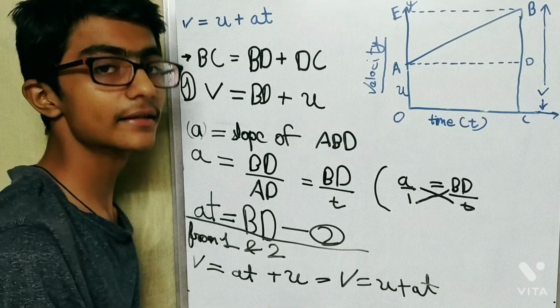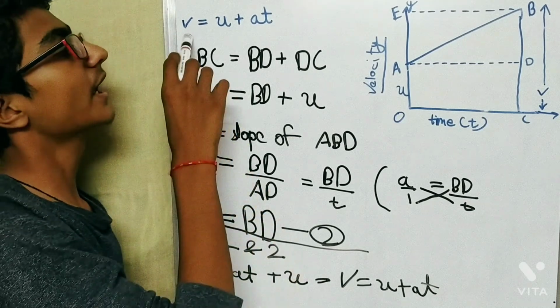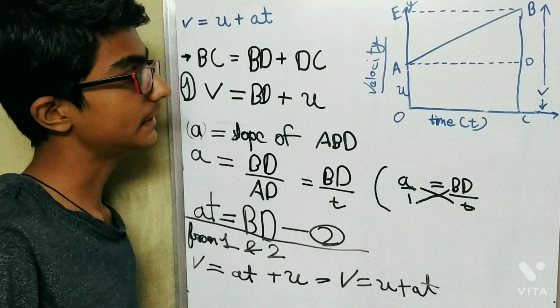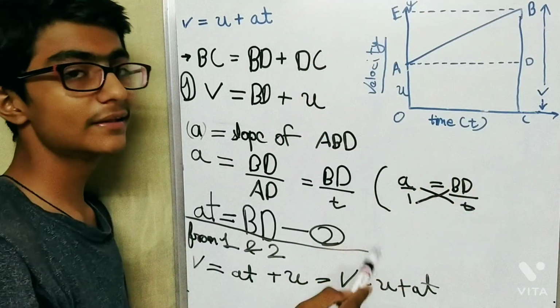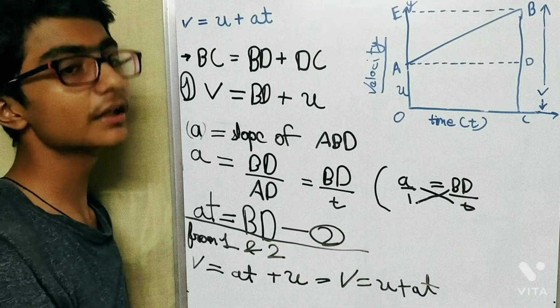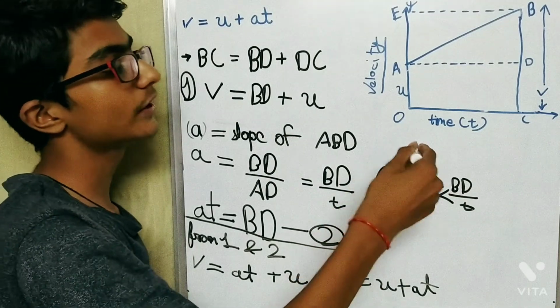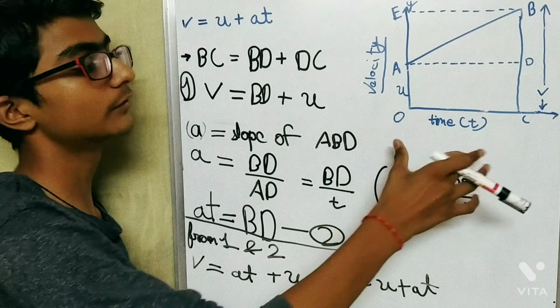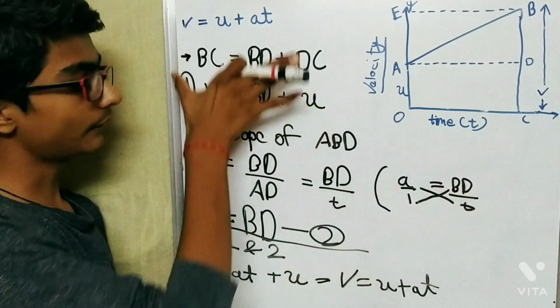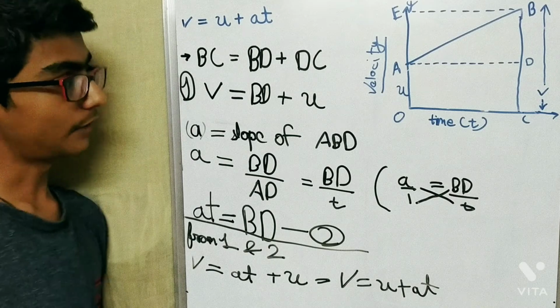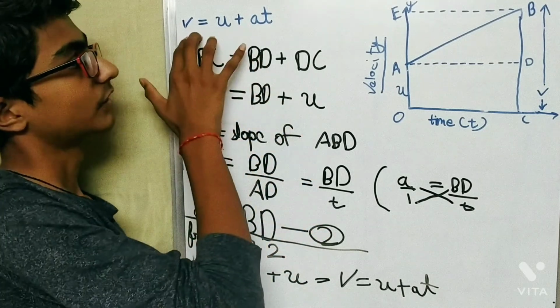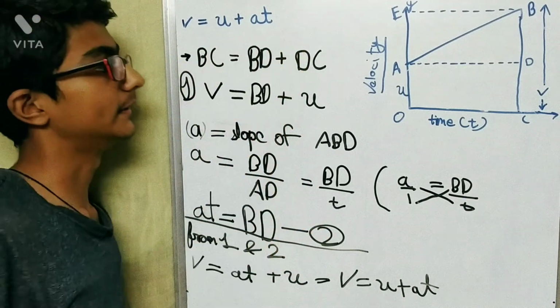You will be asked a question to derive v is equal to u plus at, and you will have to draw this diagram yourself. Maybe this diagram will not be given in the question. You will have to memorize the diagram also. You will have to draw this, then derive the whole thing. So I hope you understood how to derive v is equal to u plus at.